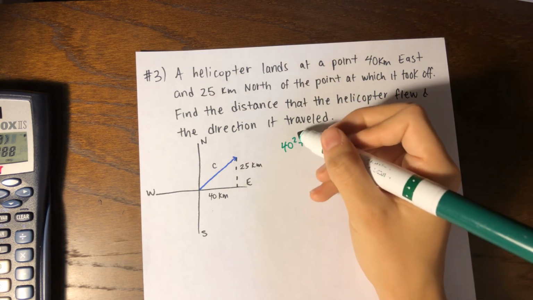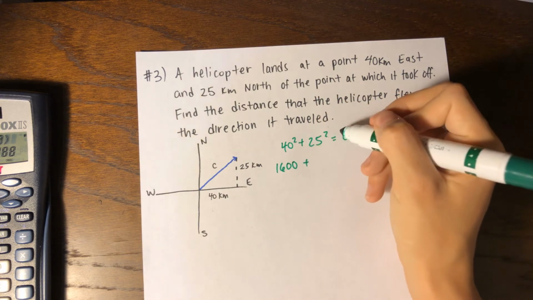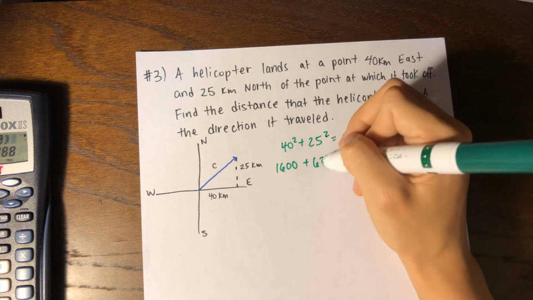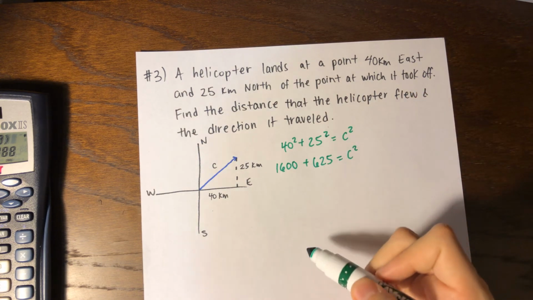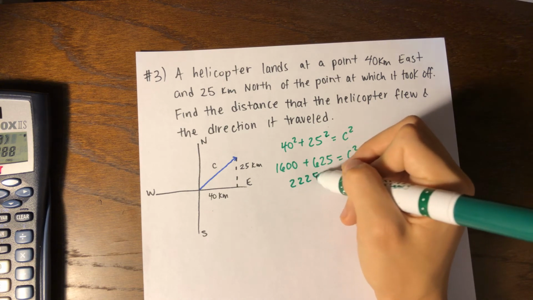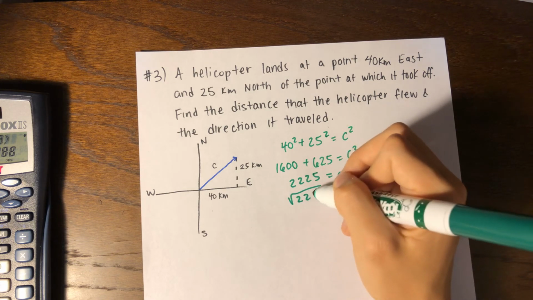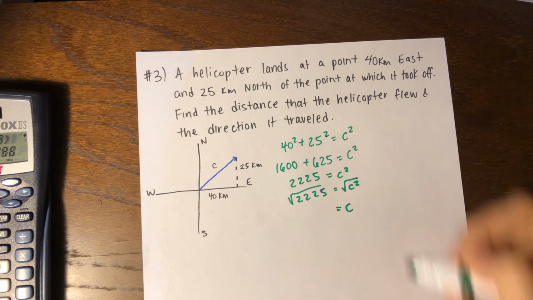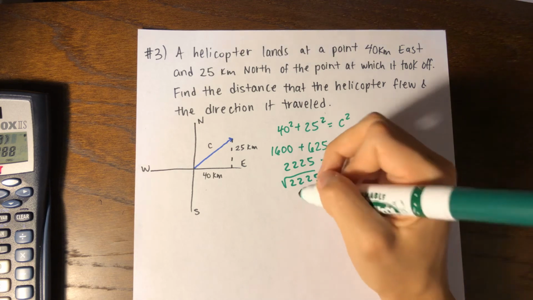So we do 40 squared first. 40 times 40 is 1600 plus 25 squared, so 25 times 25 is 625 equals c squared. Now we're going to add 1600 and 625. We get 2225 is equal to c squared. We take the square root of both sides. So we get c is equal to 47.2.